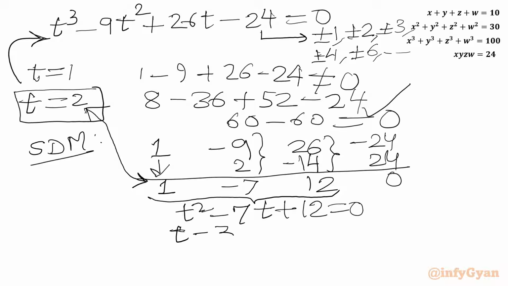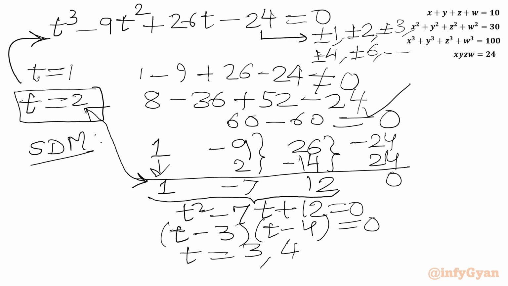So I can write t minus 3 times t minus 4 equal to 0. So from here we get t equal to 4, t equal to 3. So in total we have our first base solution t equal to 1, the second base solution t equal to 2, and from this quadratic equation t equal to 3 and 4.